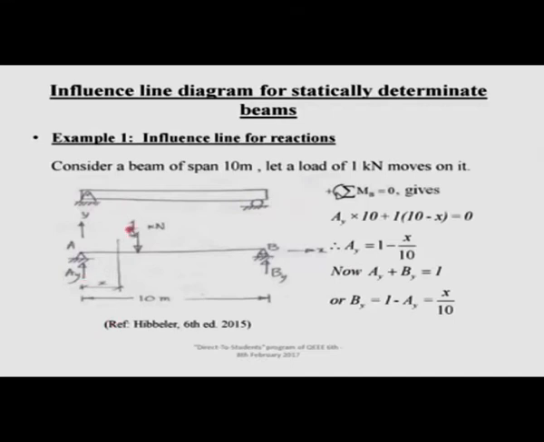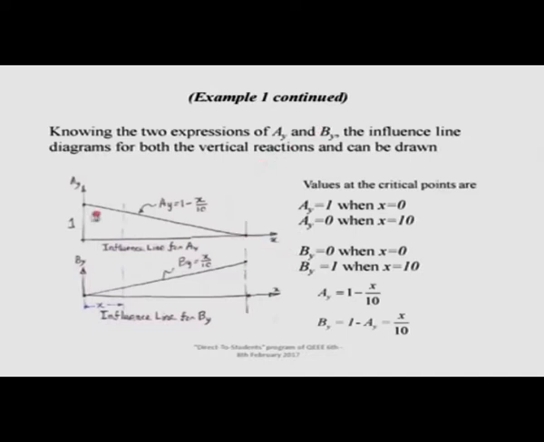If we have a load vertically, you will have two vertical reactions. Let us see how these reactions vary as the load moves. I have designated a section where we are interested in finding the variation, and you can have the equations of them and you can plot them. I have taken it from Professor Hibbeler's book directly, and I have drawn the figures, and this is how the variation is.